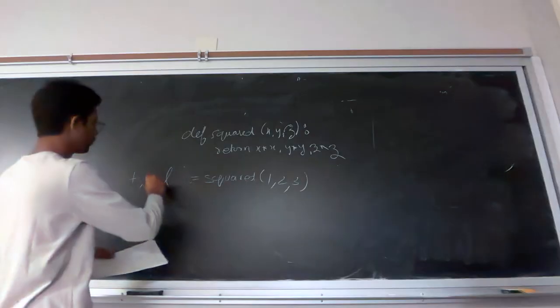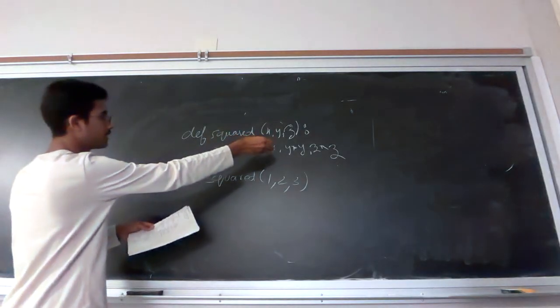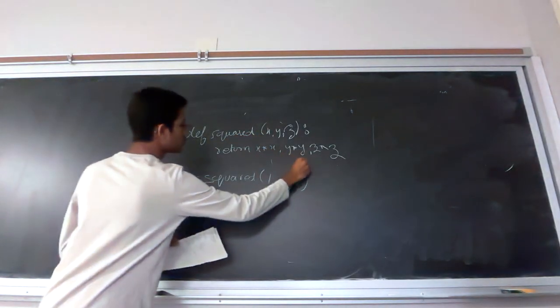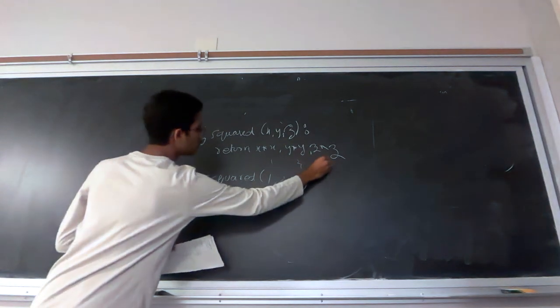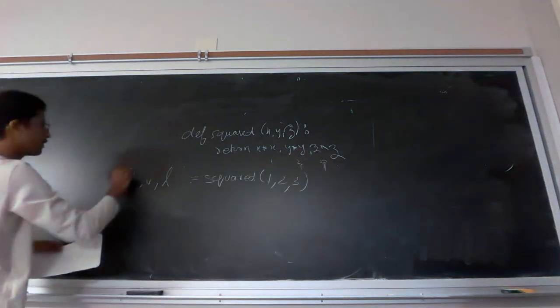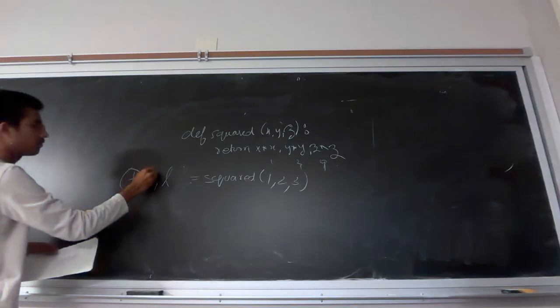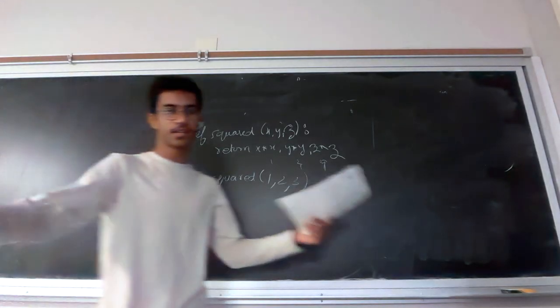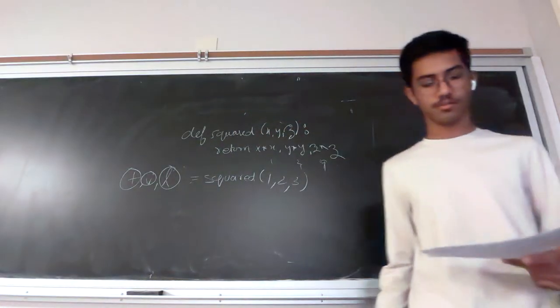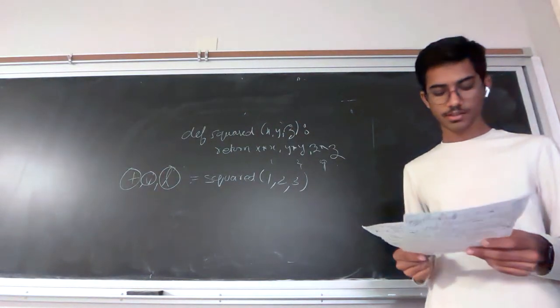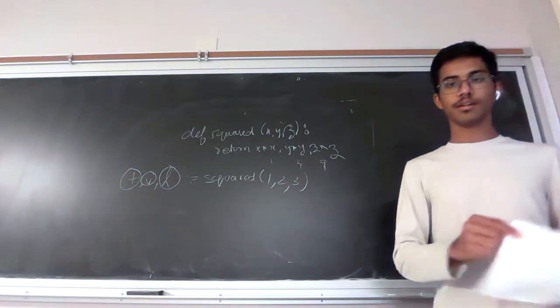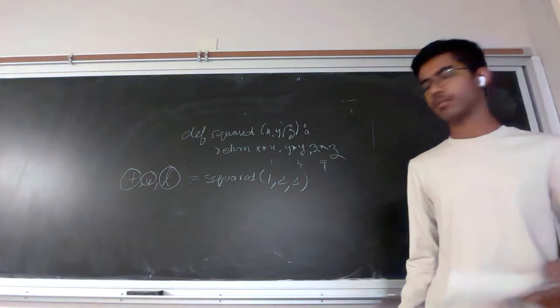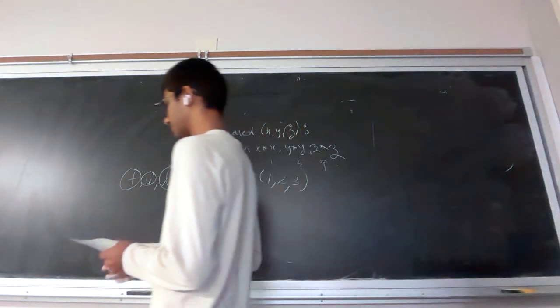So once this function is completed and I get 1, 4, and 9, the value of 1 is saved in p, the value of 4 is saved in v, and the value of 9 is saved in l. And then I can perform whatever calculations I wish to do with them. So that's how we can return multiple values in two different ways.